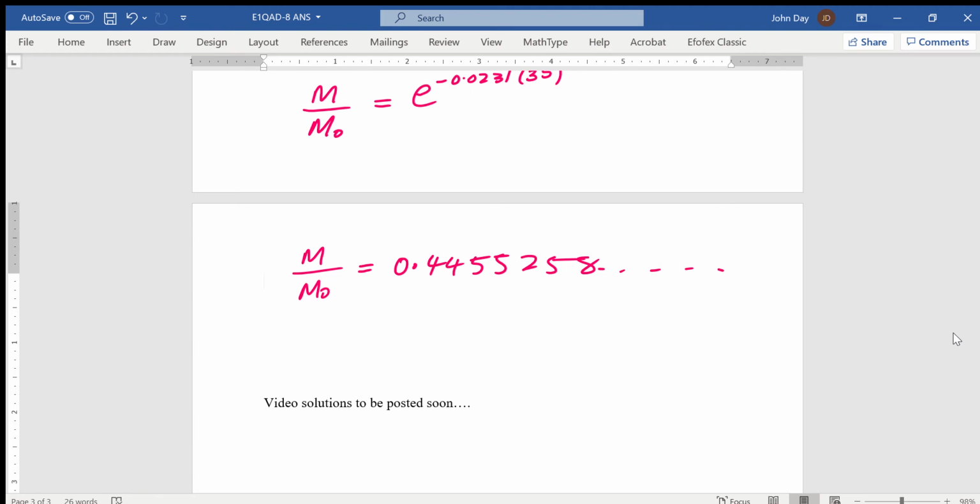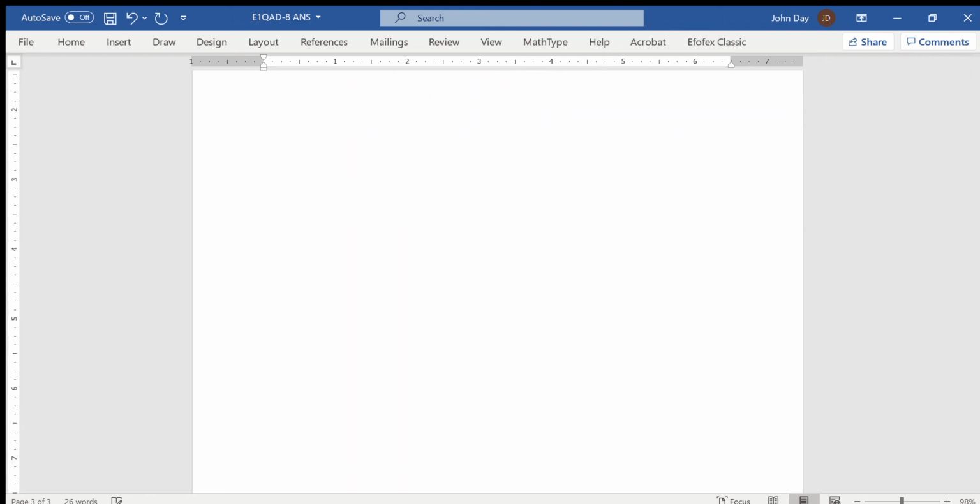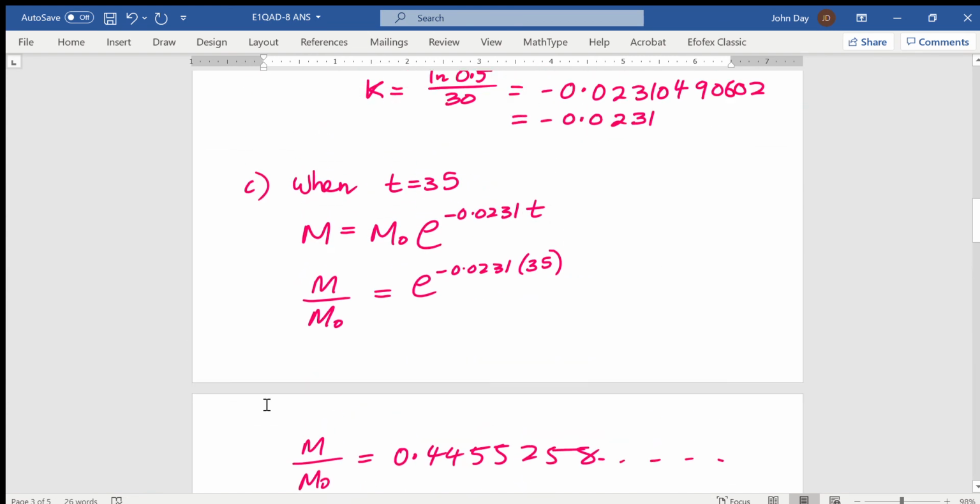Now that's as a fraction, so we know to turn any fraction to a percentage, you multiply by 100, so it's about 44.55%, something like that. About 45%. In an HSC exam, you'd want to look at the question and be as specific and answer the question as you've been asked. But that gets you to the method to get the answer.